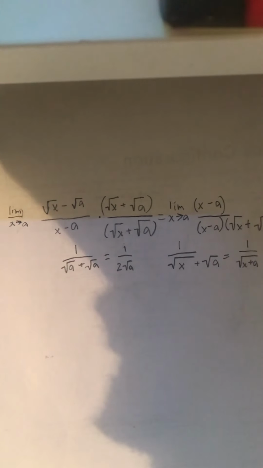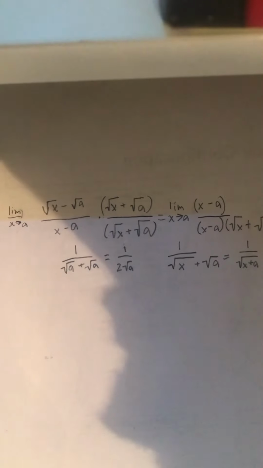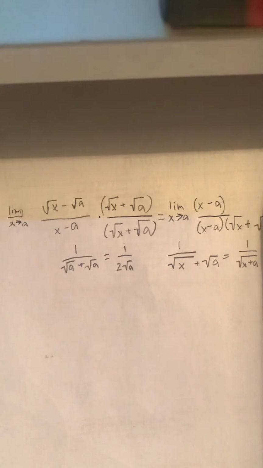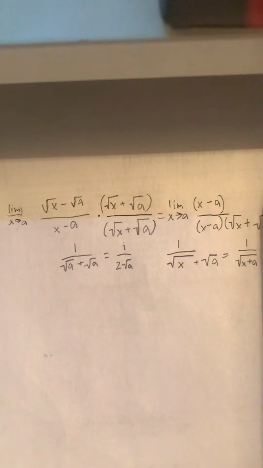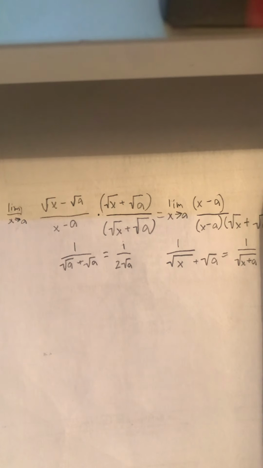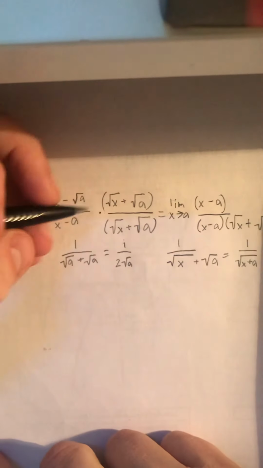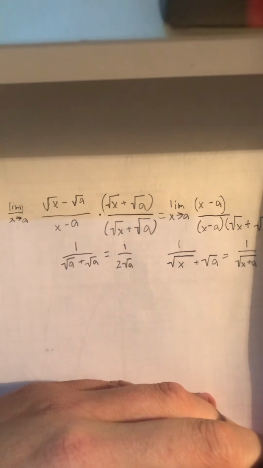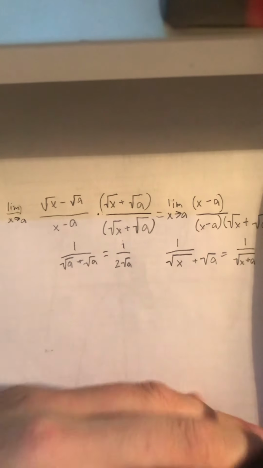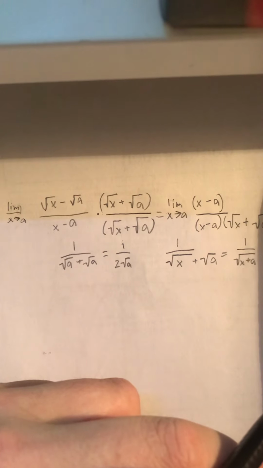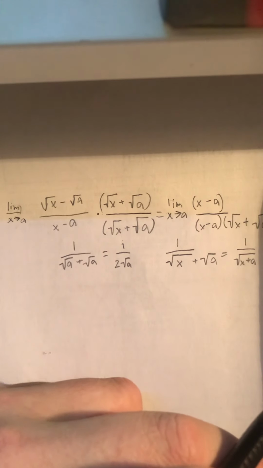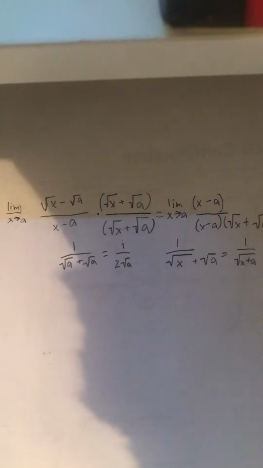I would give it a 3 out of 4 because she did all the steps right, except for her simplification. The only other thing is they forgot to write limit of x to a in a couple of steps. But honestly, that's something I do. So again, I would give it a 3 out of 4. So let's go on to the next one.